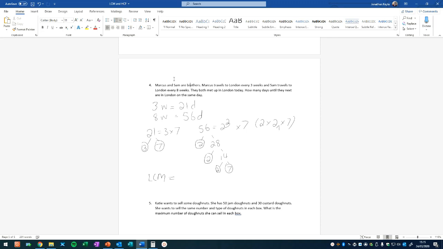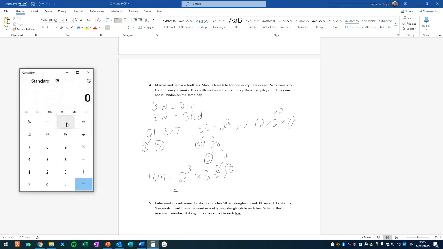So add another times 2 in here. Sorry, I missed that. Using our knowledge, we know that we take the highest power, so it would be 2 cubed times 3 times 7, which equals, let's just do a quick calculation again, 2 times 2 times 2 times 3 times 7 equals 168 days.